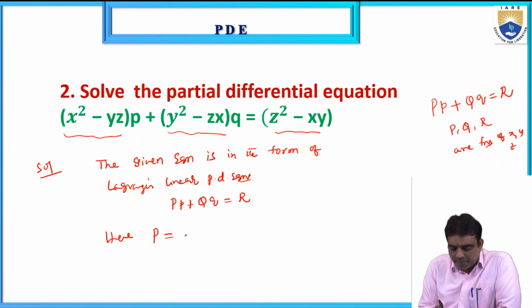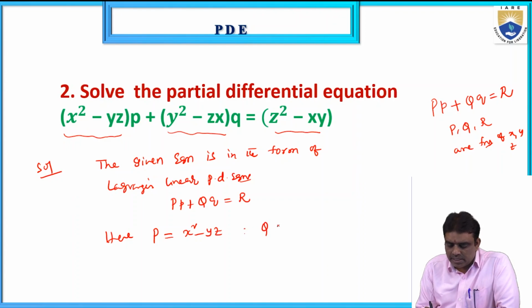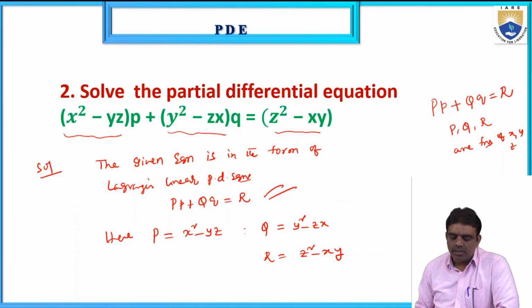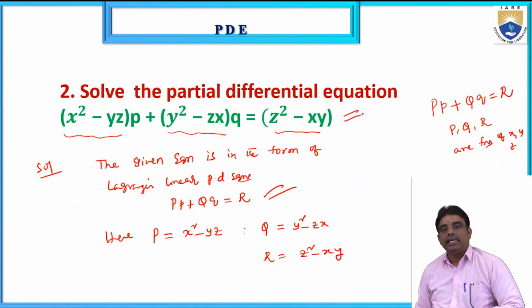Here what is capital P? That is x² minus yz. And what is capital Q? y² minus zx. And what is capital R? z² minus xy. So clearly it is similar to Lagrange's linear equation.